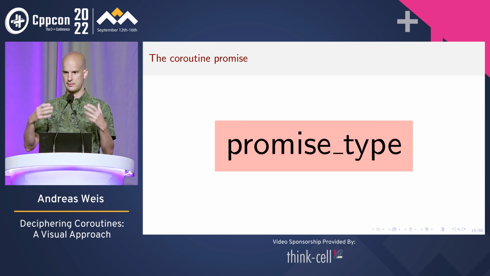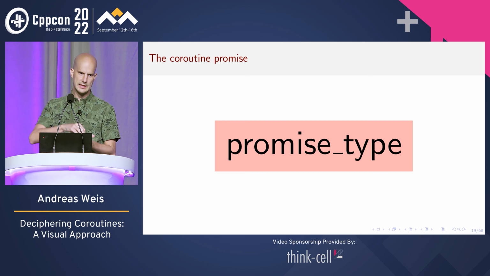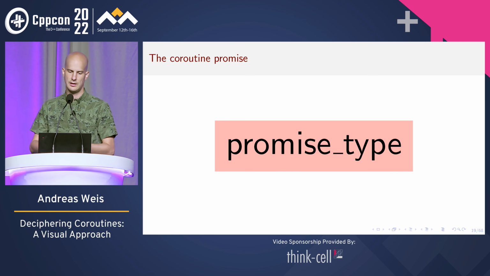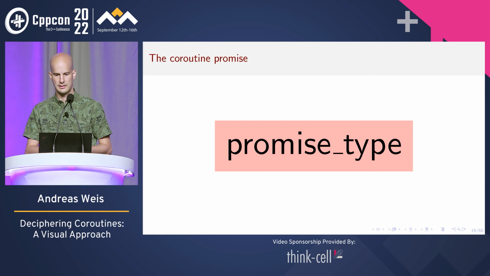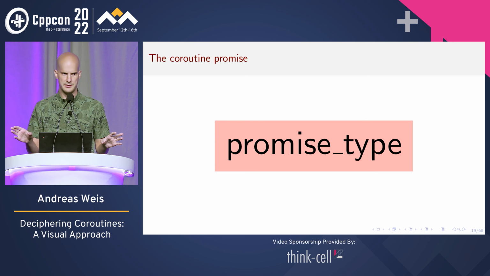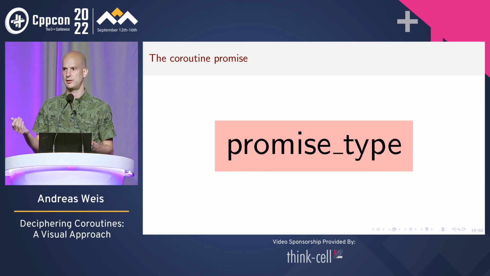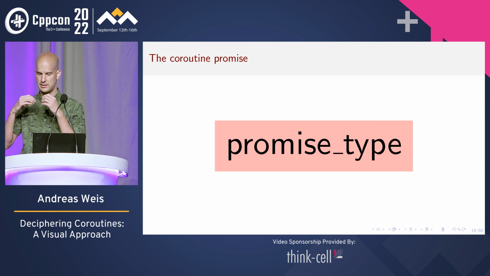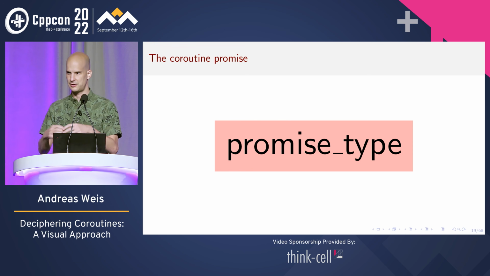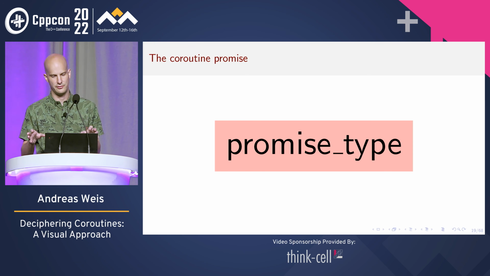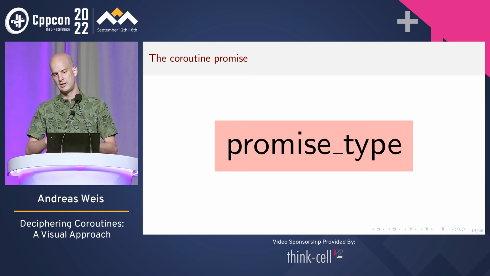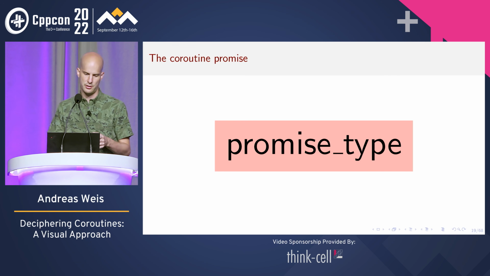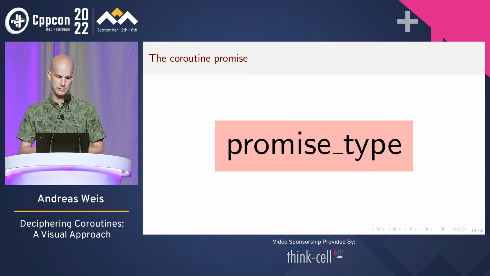This is the object that remains inside the coroutine, basically the interfacing object from this side. But don't take this analogy with future and promise too literally, because coroutine promises work differently, so not everything that you know from future and promise applies here. But just to understand why it's called a promise, I think that's a good way to think about it.